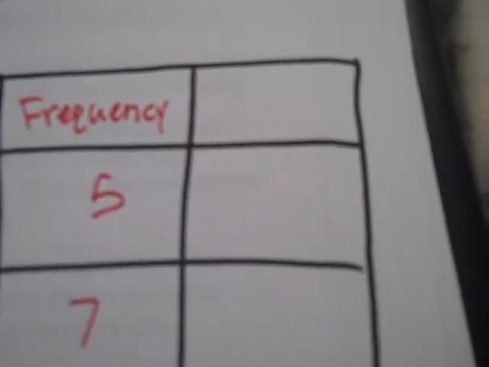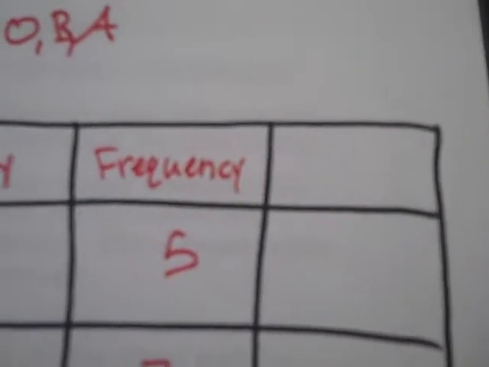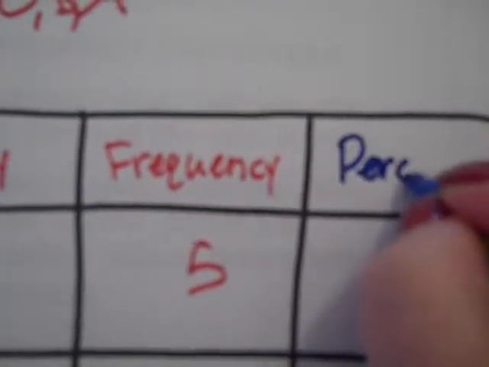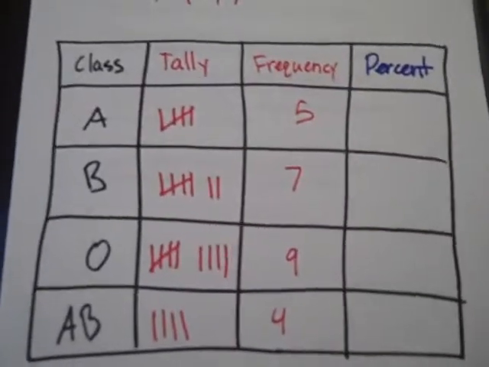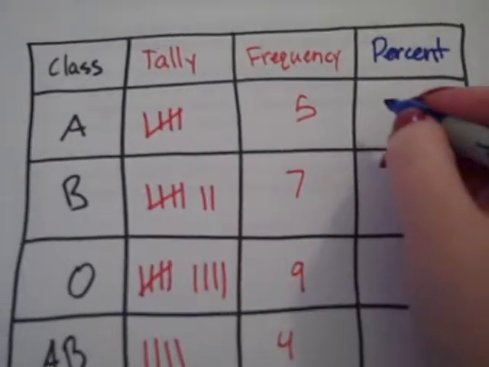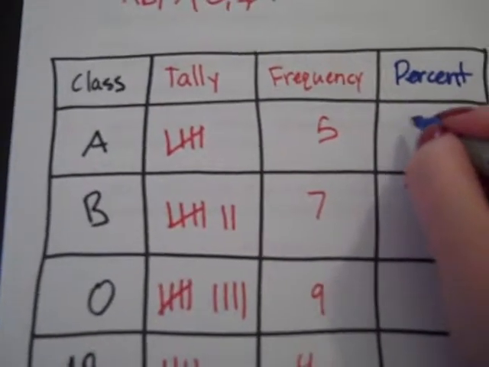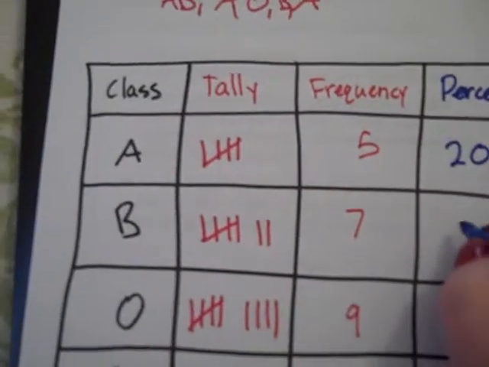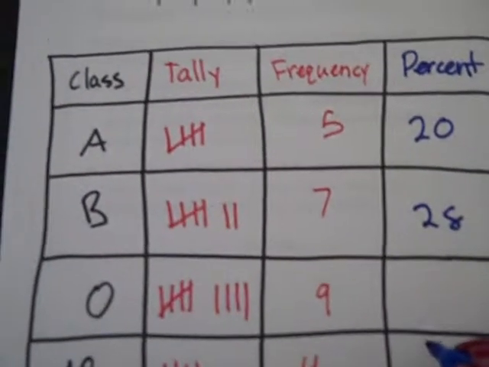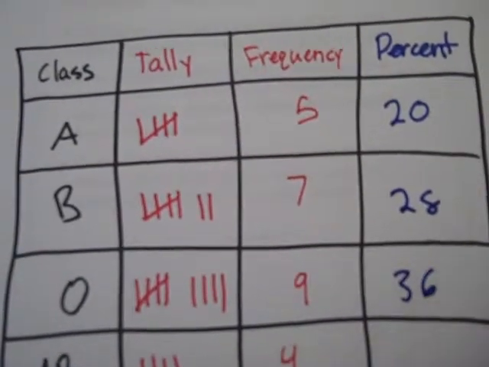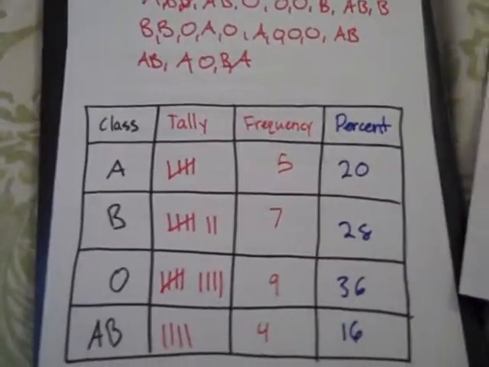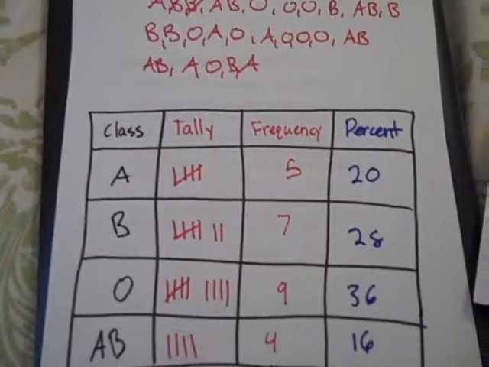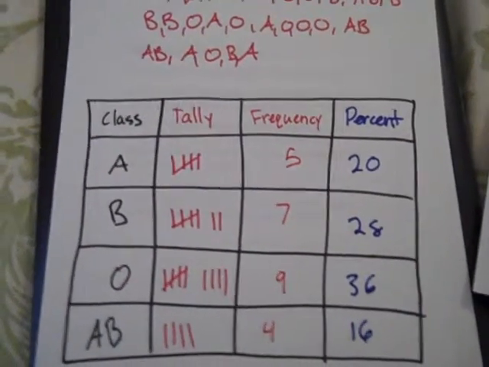Now, for the next one, I'm going to have the percent of each of these. So, this is 20%, 28%, 36%, and 16%. That is a categorical frequency distribution chart.